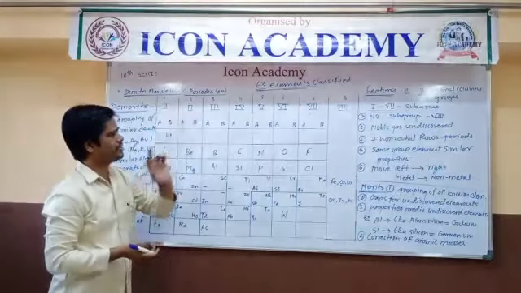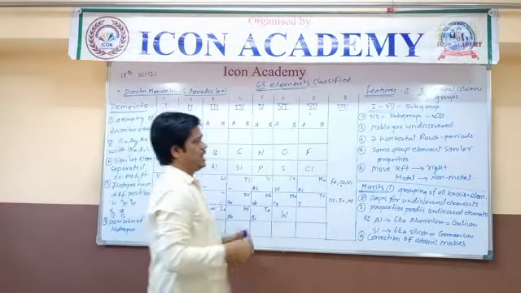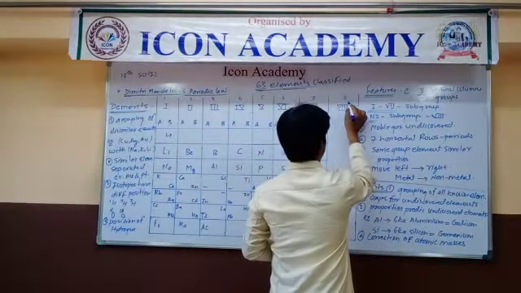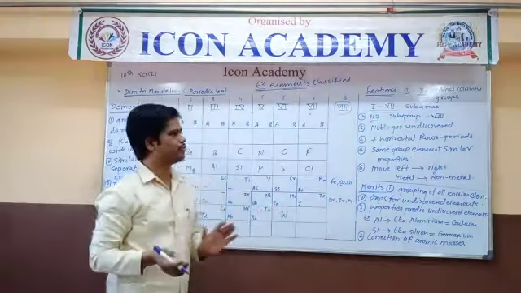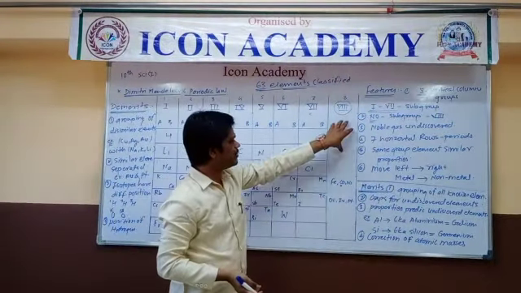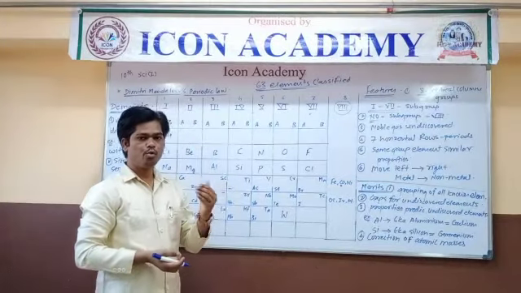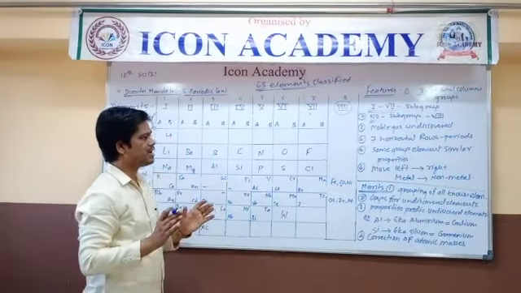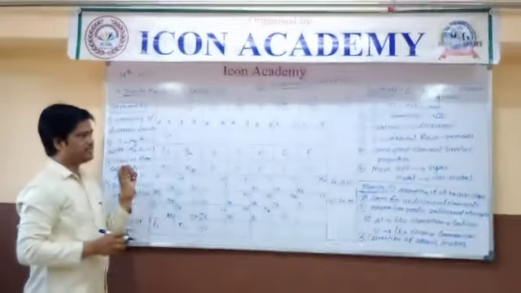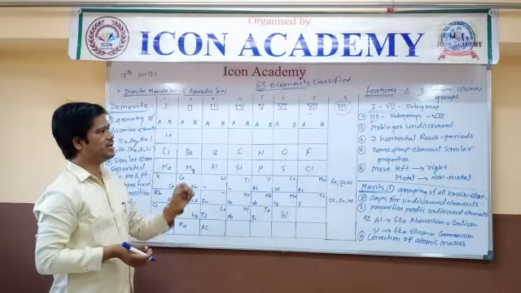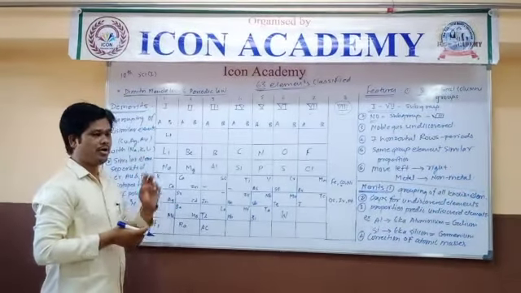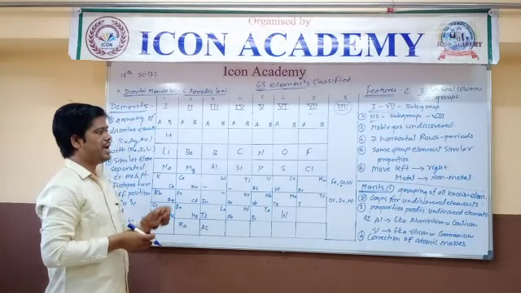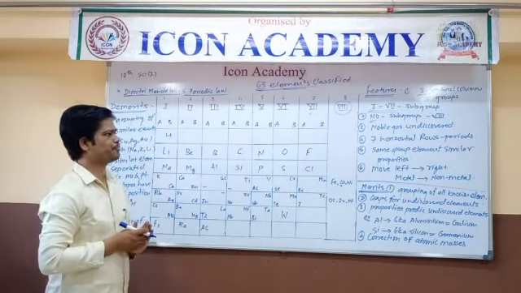Means the first to the 7th groups have subgroups, but the 8th group has no subgroups. In the 8th group you will not see any kind of subgroup. So the first important feature is 8 vertical columns. First to 7th have subgroups and the 8th does not.